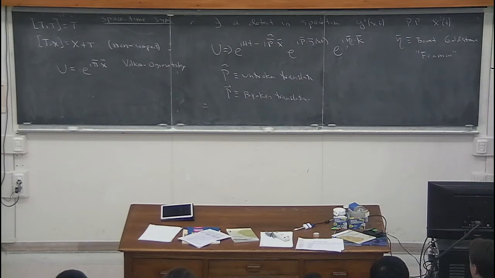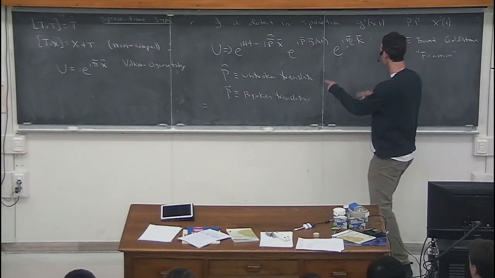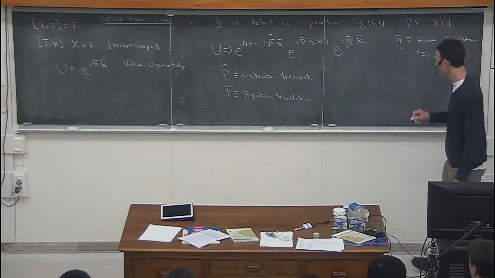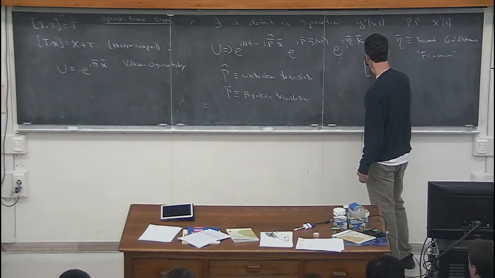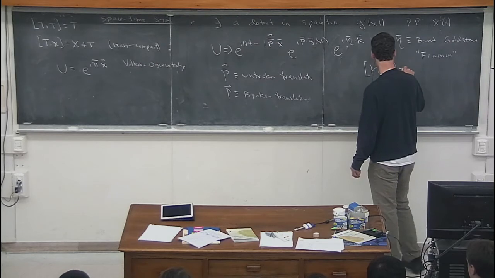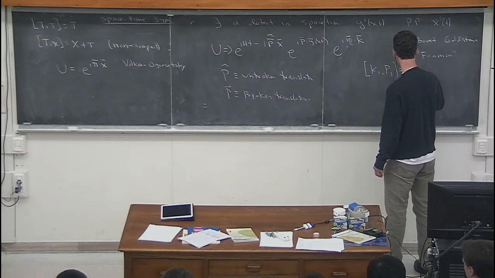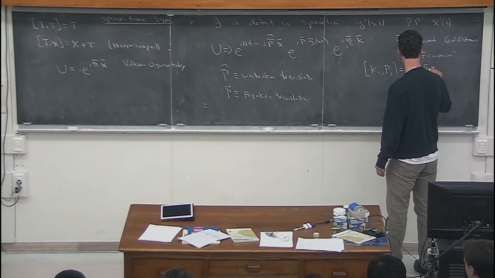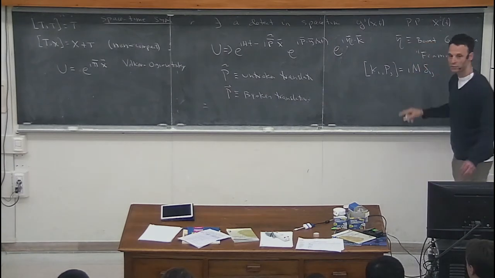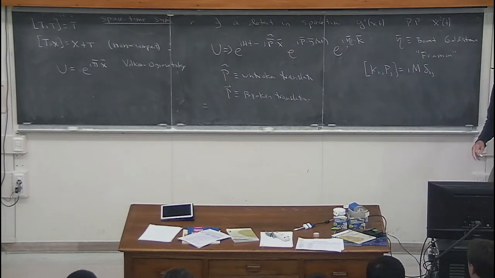Okay? So let me write down the Galilean algebra for you. The non-trivial commutators are K_i with P_j is i m delta_ij. M is the mass of the particle, the mass of the object that you're looking at. M commutes with everything.